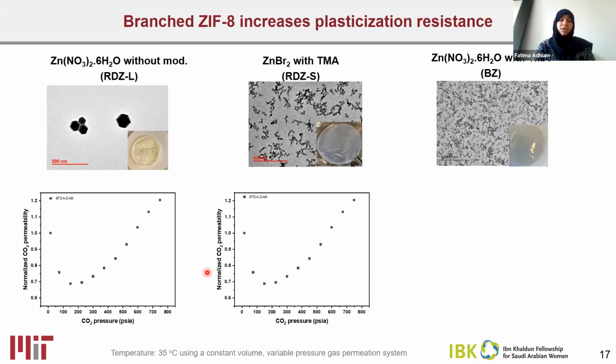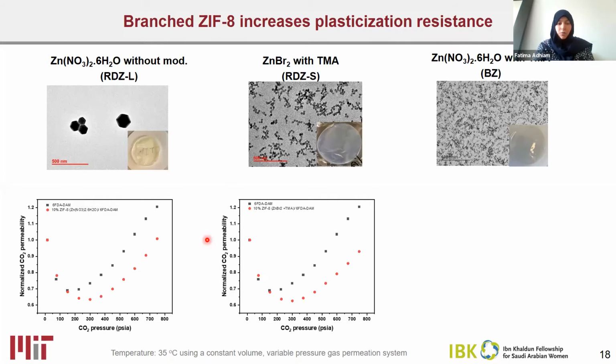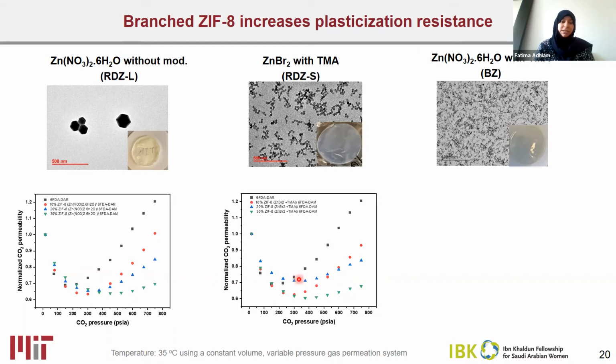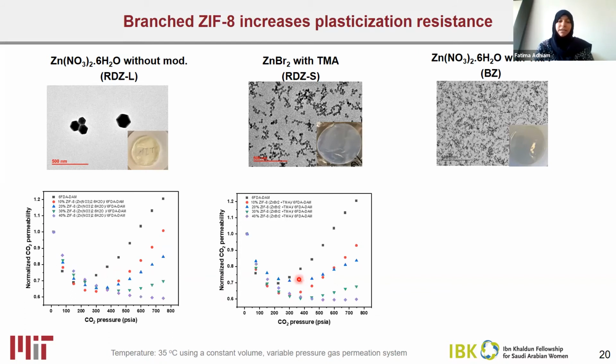However, with incorporation of the RDZ with either larger or smaller particle size, we can see some reduction of this behavior. More incorporation of these materials makes the upturn in the curve disappear, which indicates that the incorporation of the RDZ with either larger or smaller particle size and high MOF loading would increase the plasticization resistance.